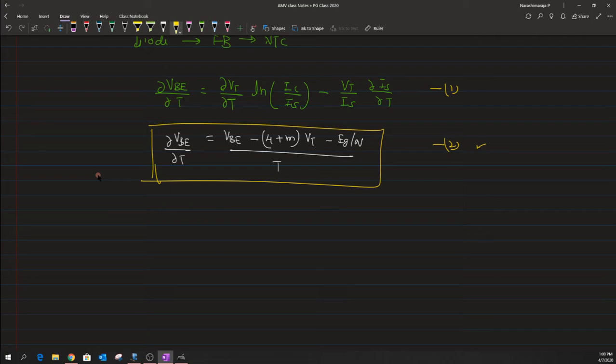The very first term that I want to discuss is this Vt, where Vt is defined as kT by Q, where k stands for the Boltzmann constant, whose value is 1.38 times 10 to the power minus 23, and Q is nothing but the charge of the carrier. In this case we assume that it's the charge of the electron, okay, and T stands for the temperature.